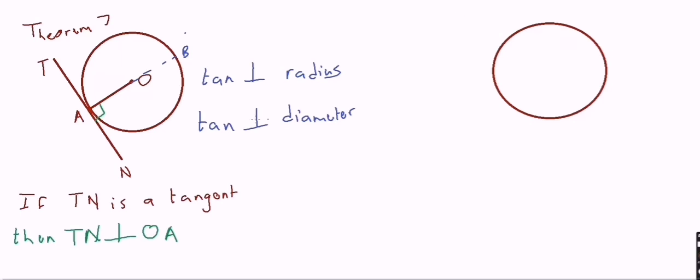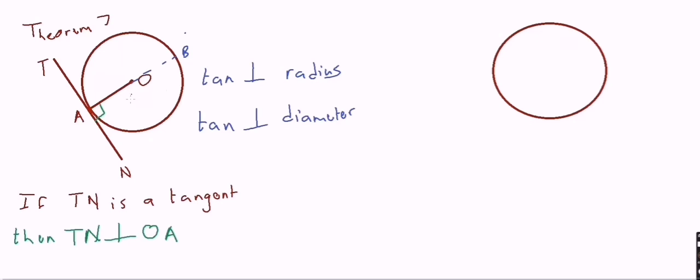The converse, we can use the converse. If I can first prove that there's a 90 degrees and I'm asked to prove that TAN is a tangent, then my job would be to prove a 90 degrees first. And if I can prove a 90 degrees first, I can make the conclusion that tan, or maybe I should prove that AB is perpendicular to TN.